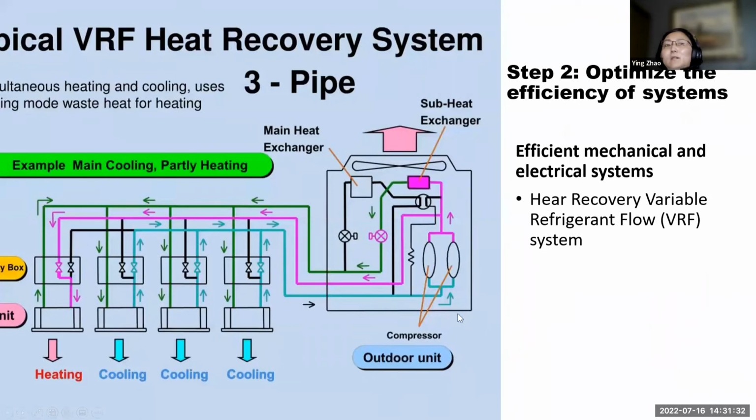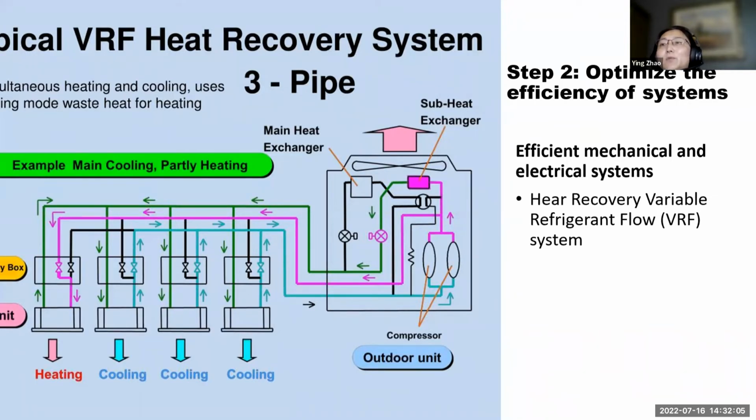And another good one is the heat recovery variable refrigerant flow system, which has very good heating and cooling efficiency. They operate simultaneously. They can serve zones where some zones have heating and some zones have cooling.